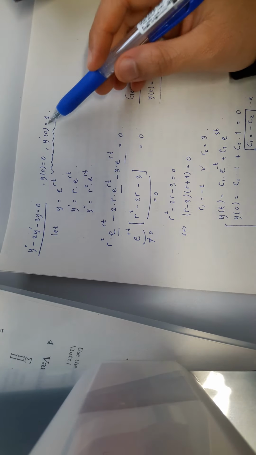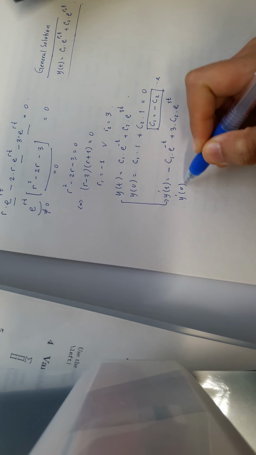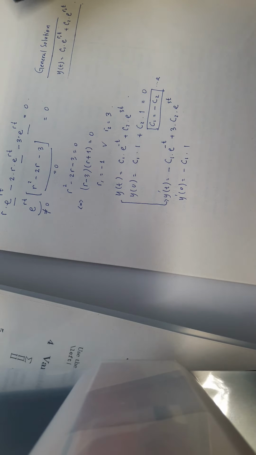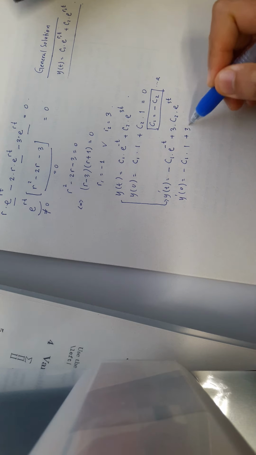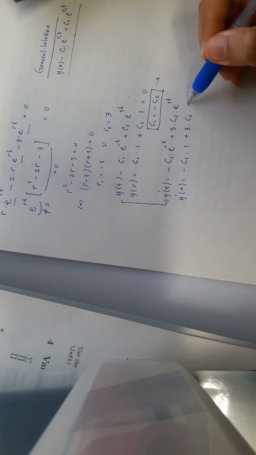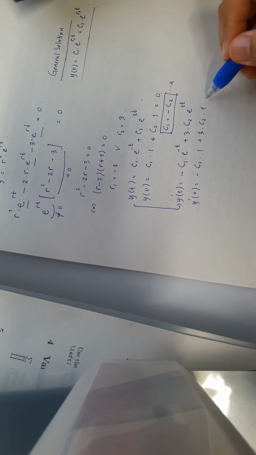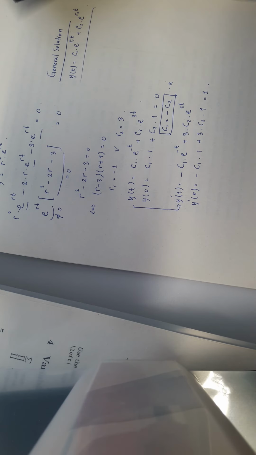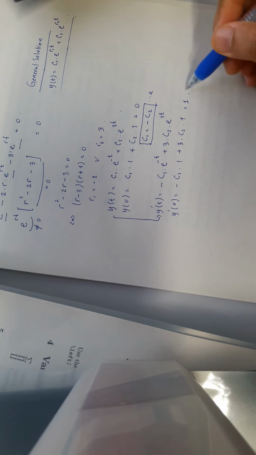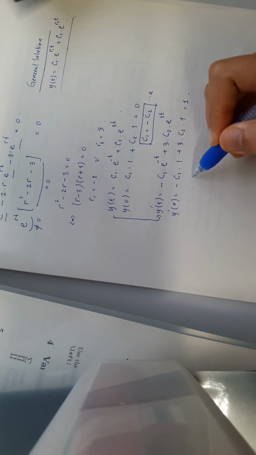If we substitute t equal to 0, y prime(0) is equal to minus c1 times 1 plus 3 times c2 times also 1. And y prime(0) is equal to 1, so we can write here equal to 1.